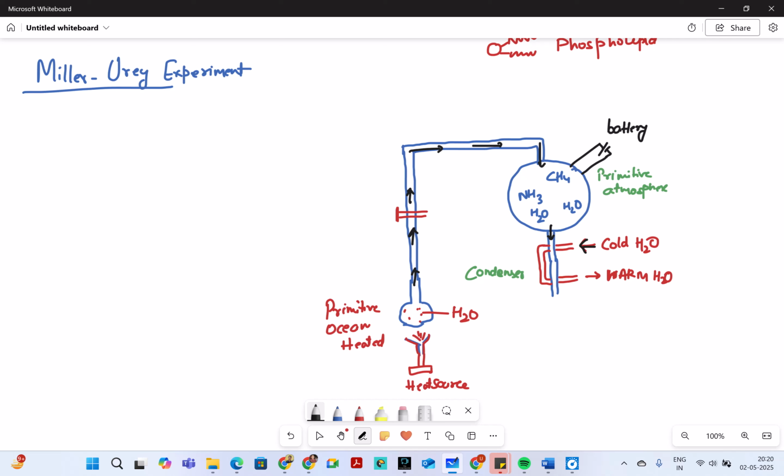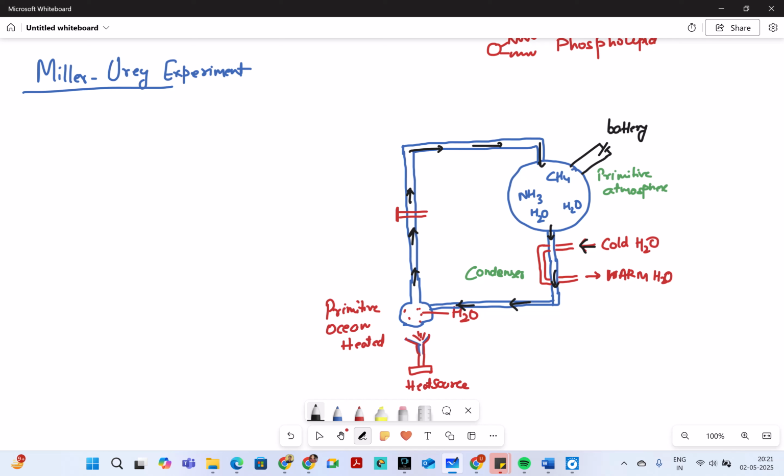See, the cold water is going in, and warm water is coming out, right? And then the water which was coming out was further connected to this to make it a closed circuit. So all the water which comes out of this primitive atmosphere goes back into this container, right? So this was the setup.